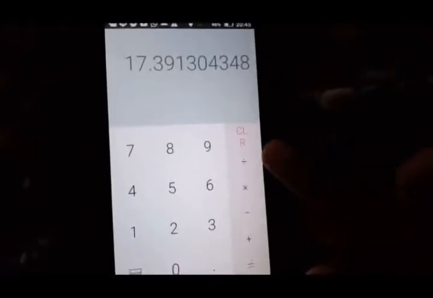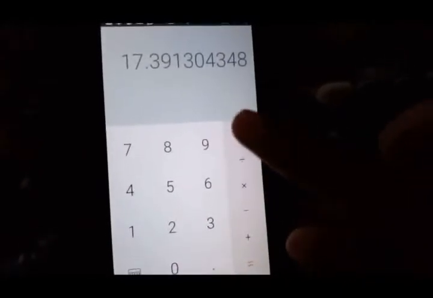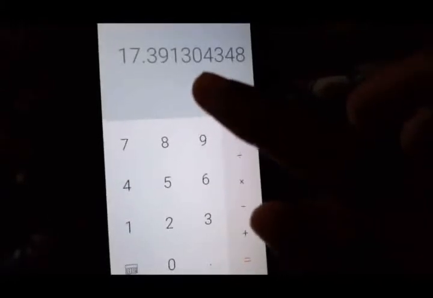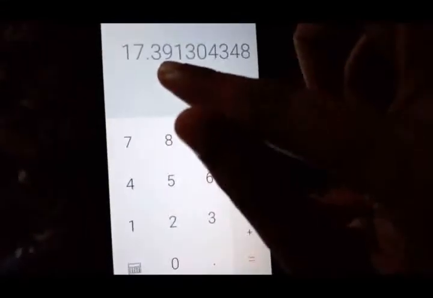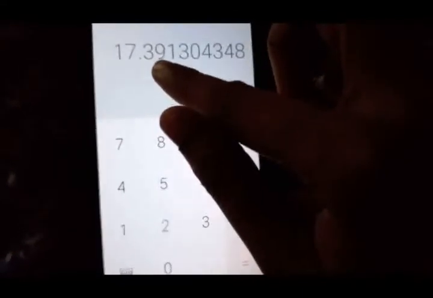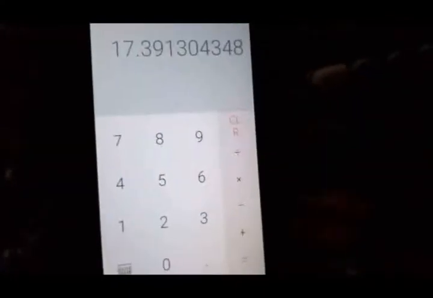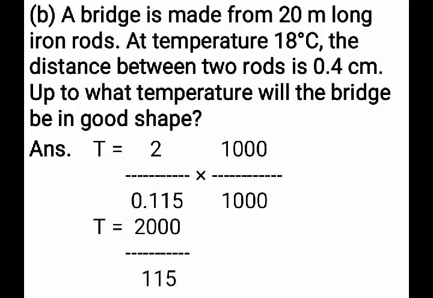After dividing 2000 by 115, I am getting the answer 17.39. Here the digit after the decimal point, 9, is greater than 5, so you add 1 to the digit before it and it becomes 17.4. So you are getting the answer 17.4 degrees Celsius. This is the initial temperature.